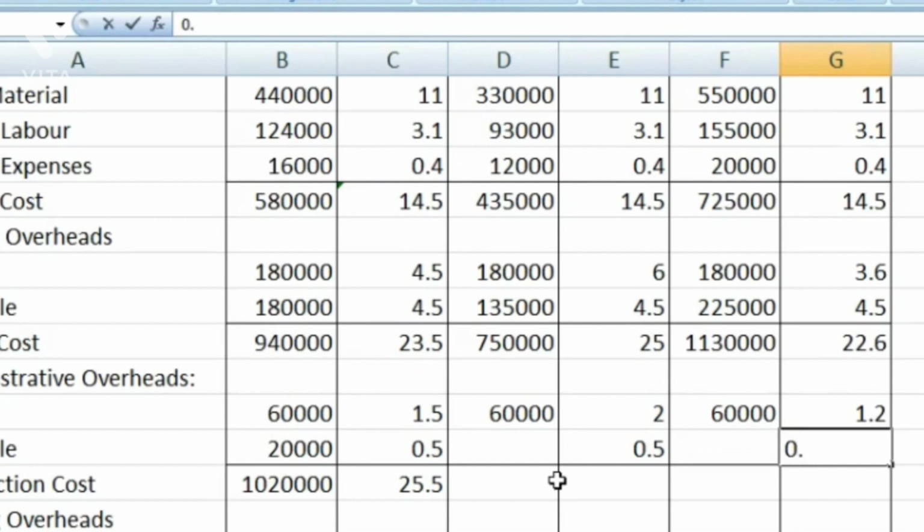This remains the same. Clear. 0.5 into 30,000, what is your answer? 15,000. Here 0.5 into 50,000, 25,000.